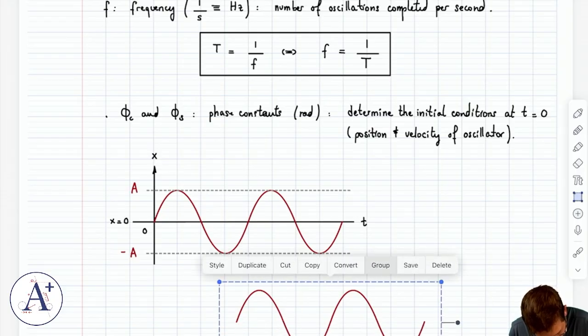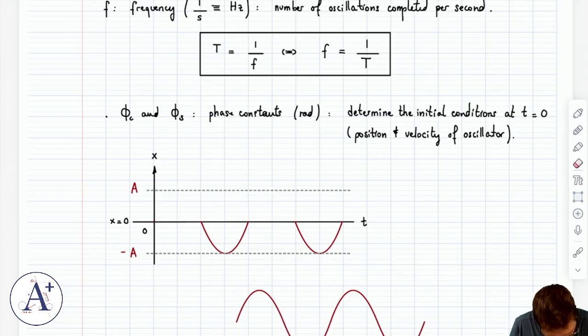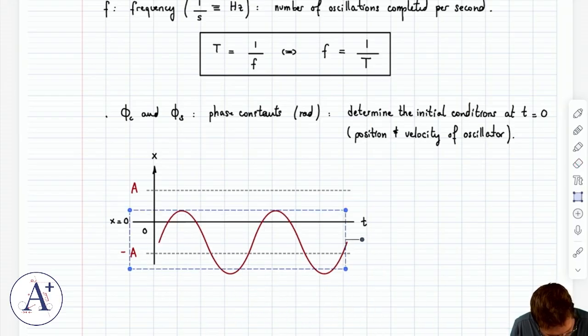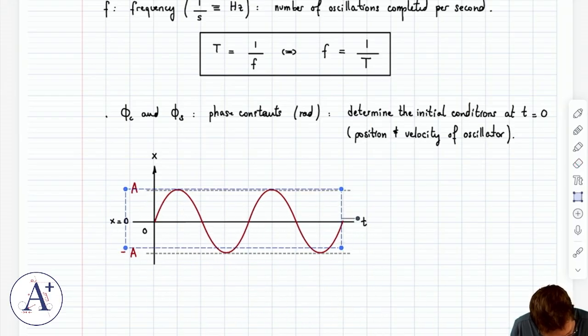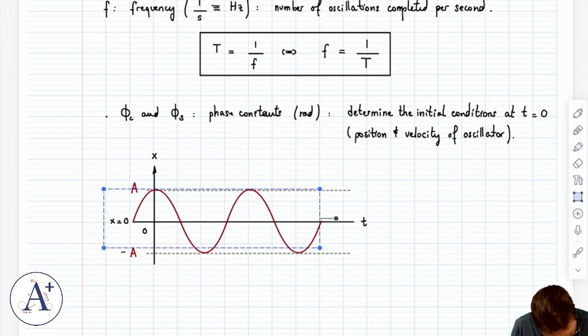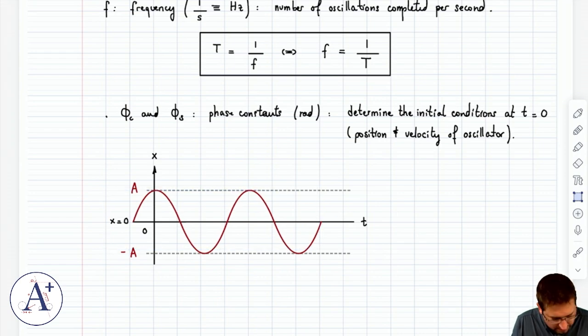Okay, let's group these guys. There we go. All right. Maybe I have an oscillator that instead, at t equals 0, has x equals A. Okay, and then of course we would get rid of this part of the graph.